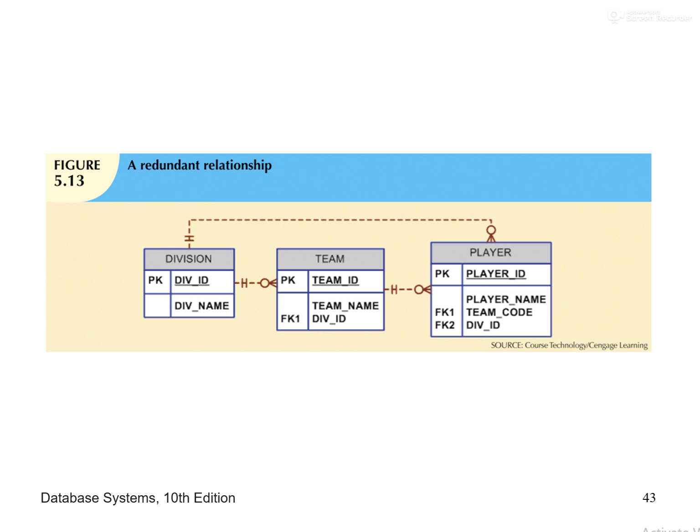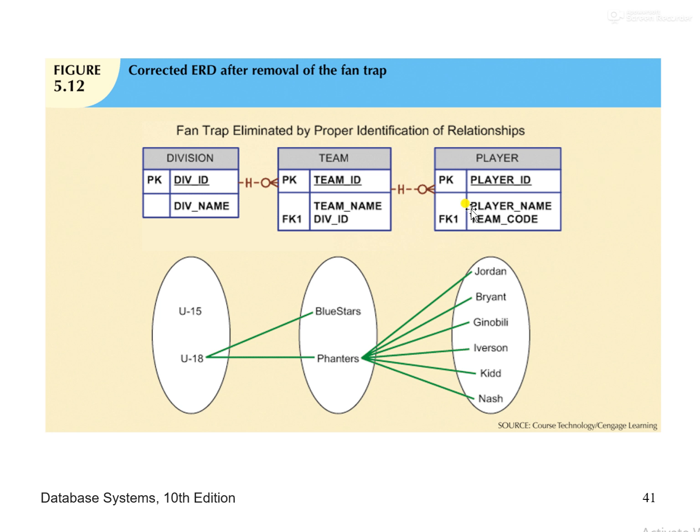As we have seen in the previous example, division, team and player, the player has a relationship with division, but it is a transitive relationship, that is, through team. If we want to see which player belongs to which division, we have to get this answer through team.